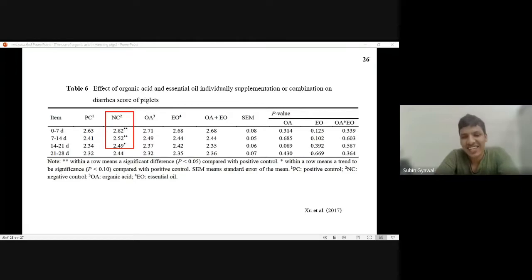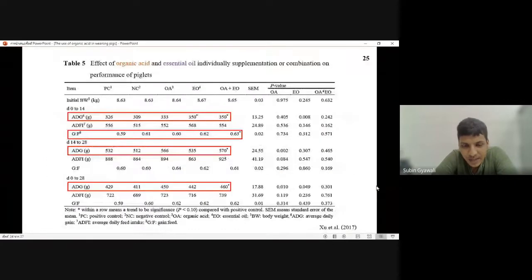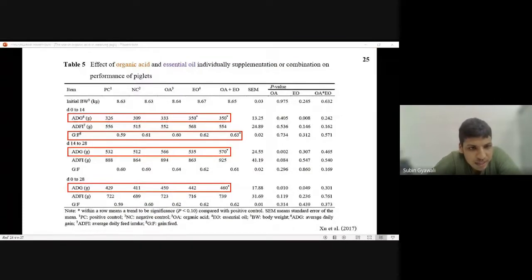Thank you, Kewalin, for your sharing this evening. I also have some confusion in the previous slide, the one we discussed, slide 25. If we look at day 0 to day 14 for organic acid and essential oil, the average daily gain is significantly higher in essential oil in the first 14 days, right?